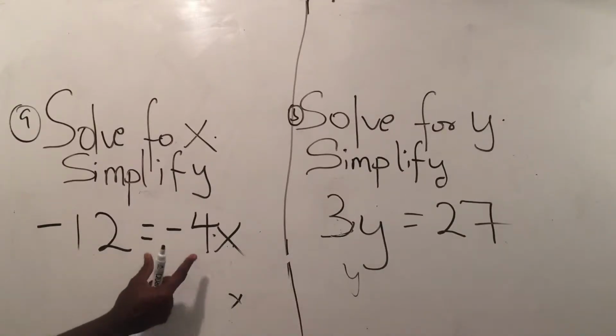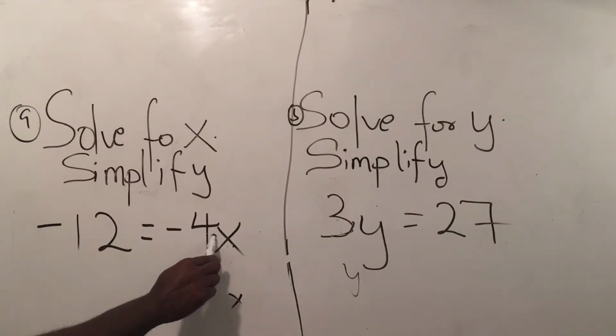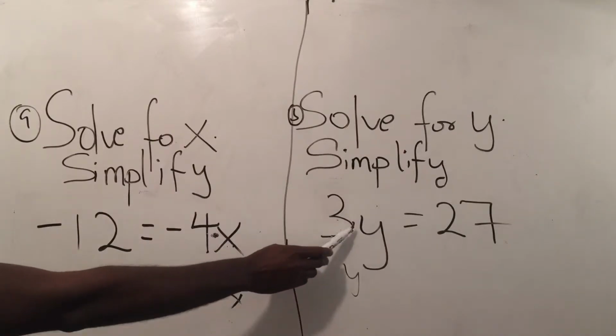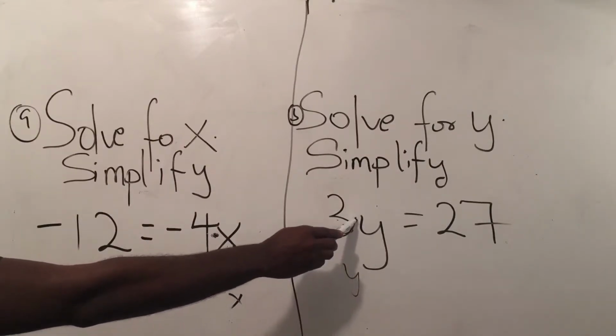Now, in this type of question, you see how -4 is very close to the x. You see how there's no sign between these two? Actually, there's a multiplication sign right here. Here there's no plus or minus or anything like that; there's a multiplication sign right there.